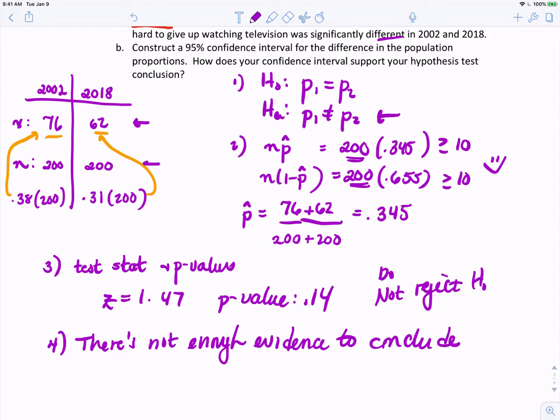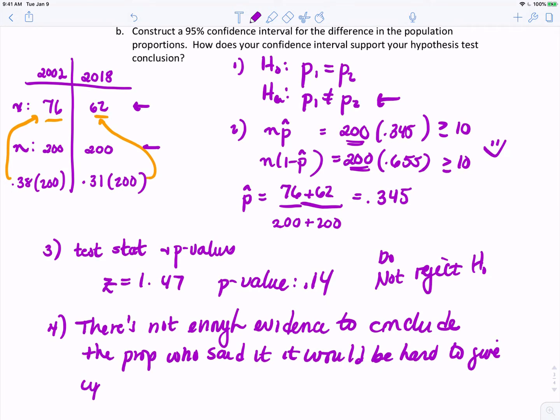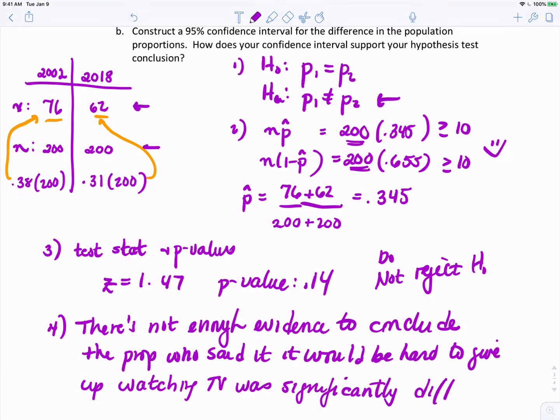So there's not enough evidence to conclude the proportion who said it would be hard to give up watching television was significantly different. We have no evidence that the population proportions were different in those 2 years. All right.